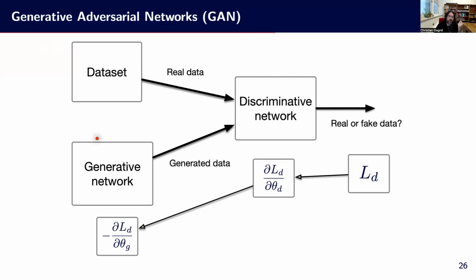But we also train the generative network from that same loss that went through the discriminative network. But now we are inverting that. We try to maximize that loss, in the sense that we want the discriminative network to be as poor as possible, with backpropagation from the output through the discriminative network and through the generative network.